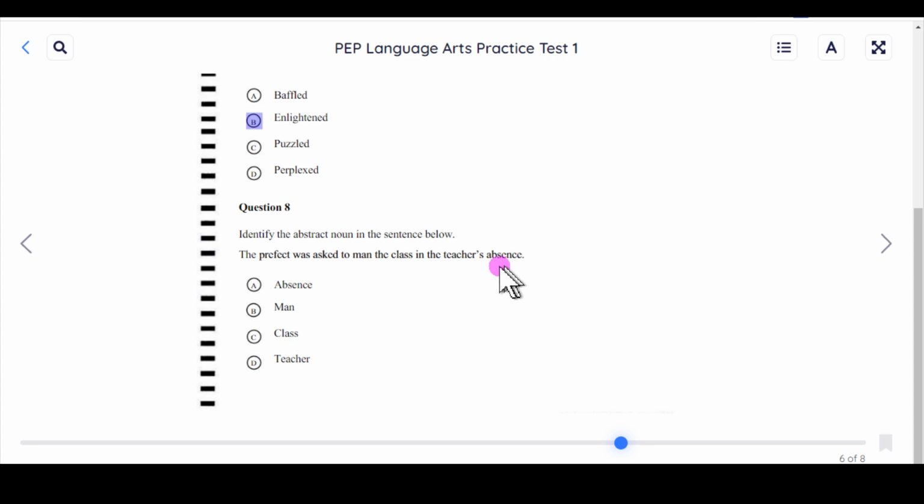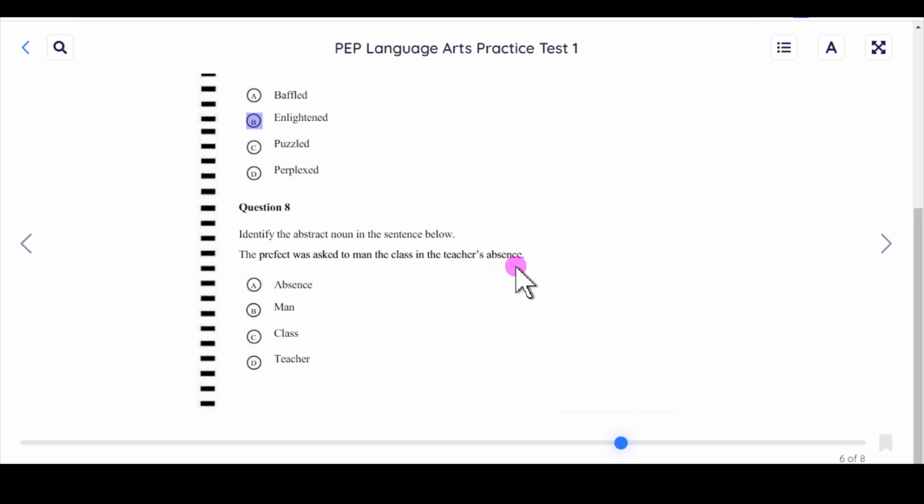Absence here is what type of noun? My abstract noun, because I can see the prefect. I could touch the prefect. I could see the teacher here. I know what the teacher looks like and so on, right? Good.